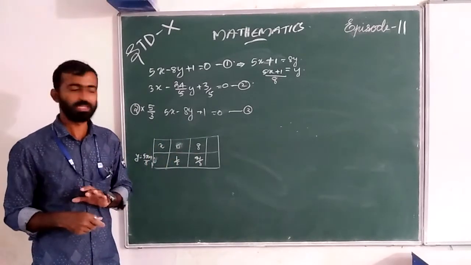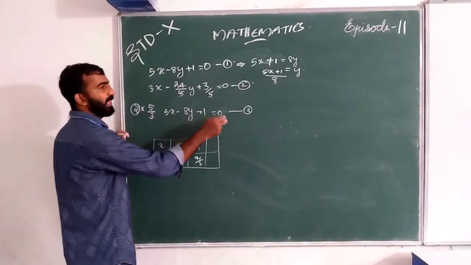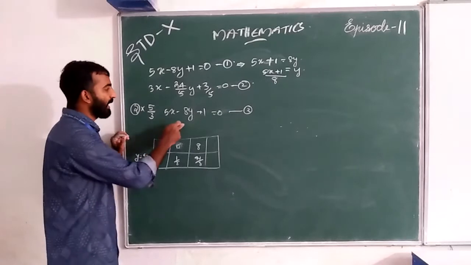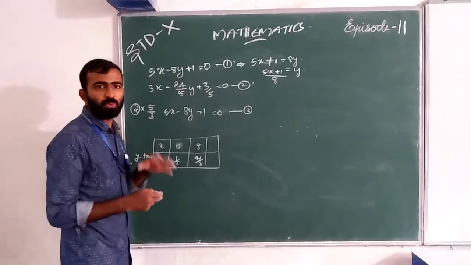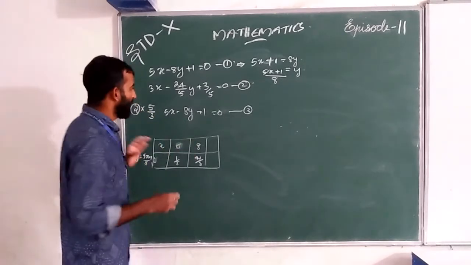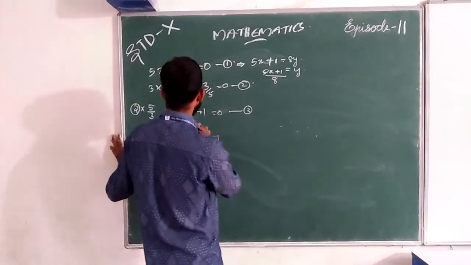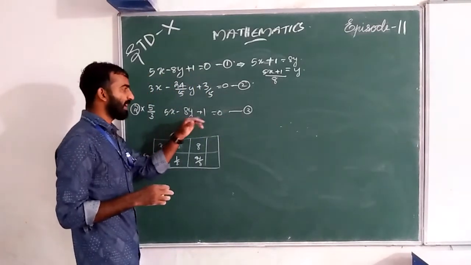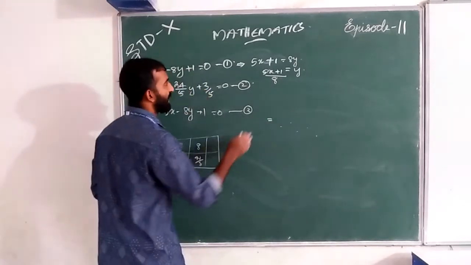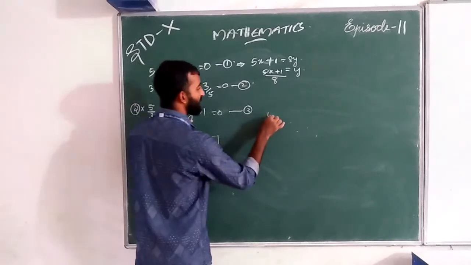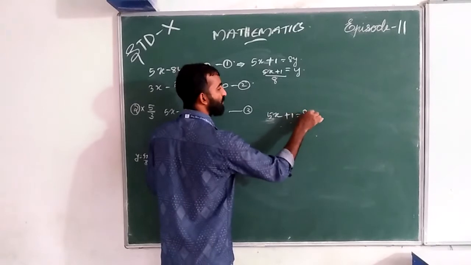And the graph of equation 3, when we draw equation 3 graphically, we want the x coordinate and y coordinate. Here it is 5x minus 8y plus 1 equal to 0. We can write 5x plus 1 equal to 8y.